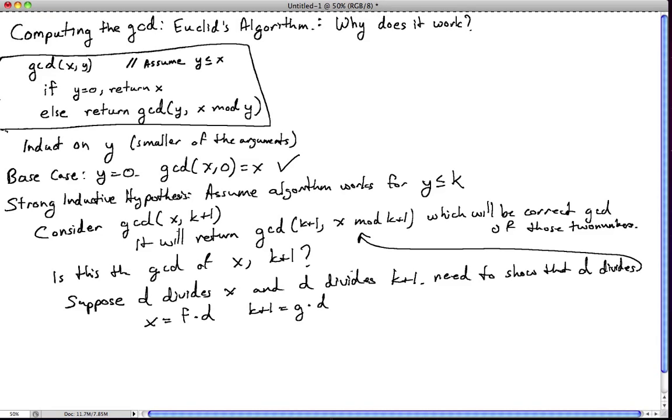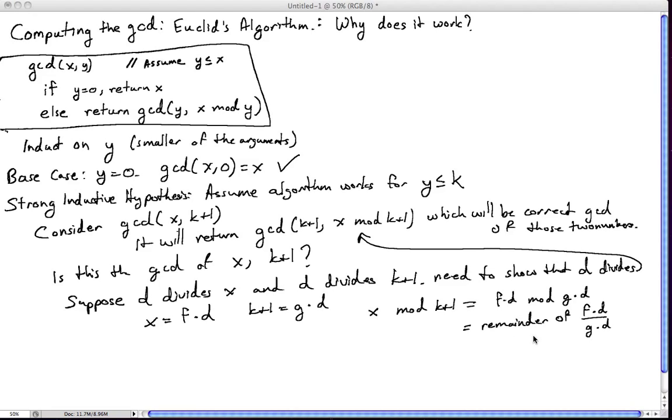So we want to know about x mod k plus 1, which equals f times d mod g times d, which is the remainder of f times d when you divide by g times d.